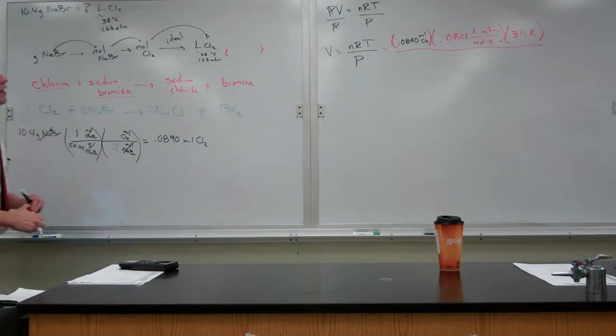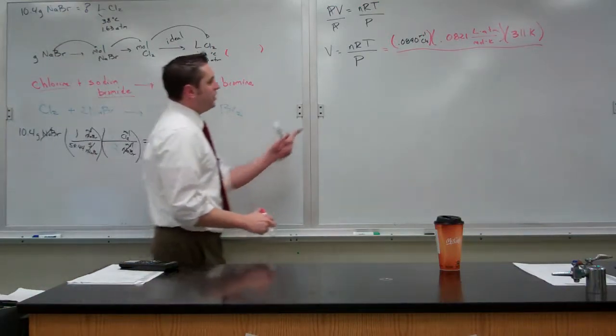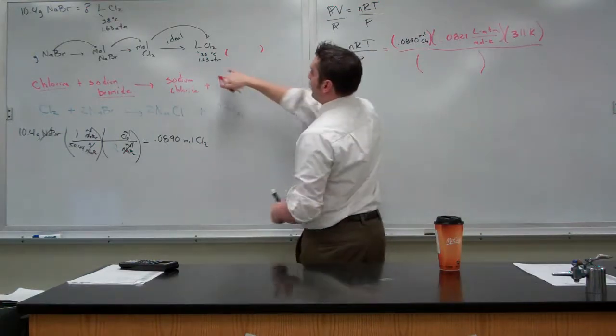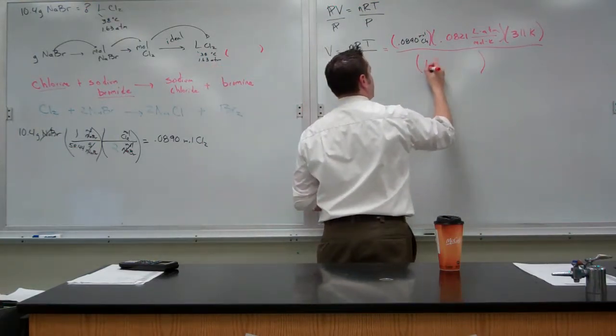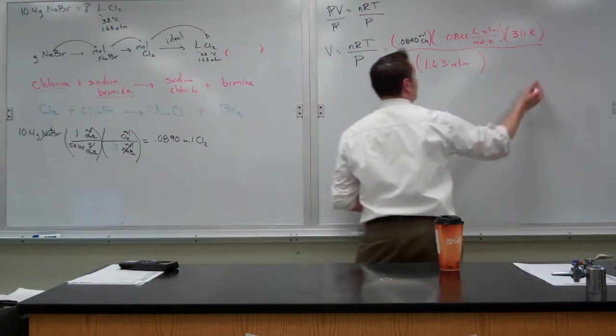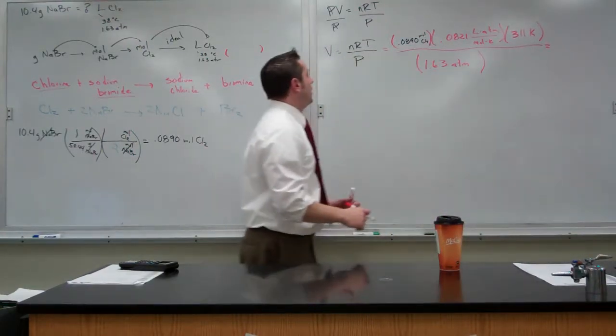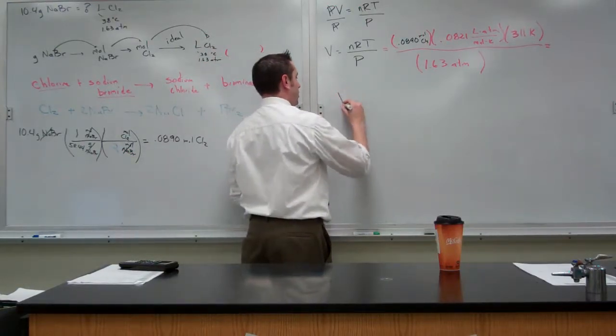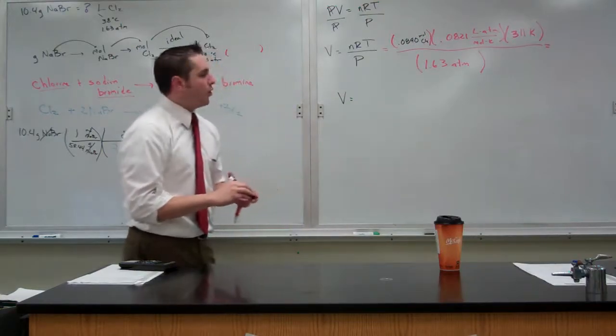Last but not least, I want my pressure. Pressure has to be in atm. And sure enough, the conditions they gave us was in atm. So 1.63 atm. And so it seems like I have everything I need to plug in and solve for my volume.